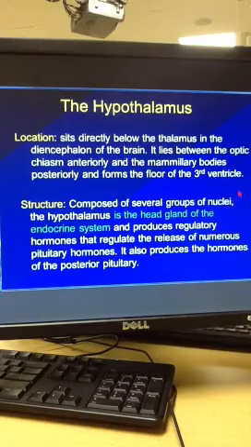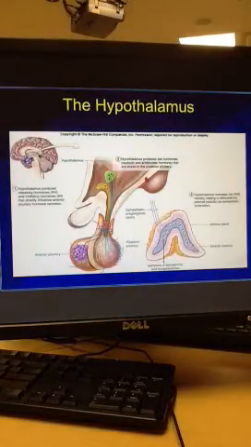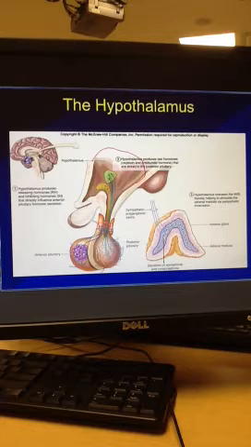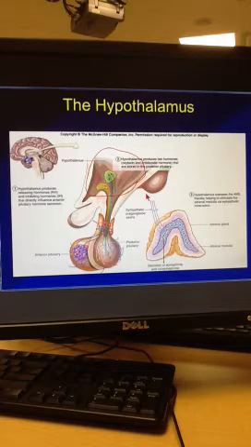Now the hypothalamus sits right up here in the floor of the brain, the lowest structure of the diencephalon. It consists of about 10 or 12, I don't remember the exact number, of nuclei. 2 of them, the supraoptic and paraventricular nuclei, produce oxytocin and antidiuretic hormone.